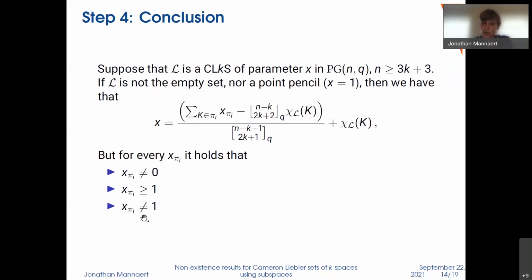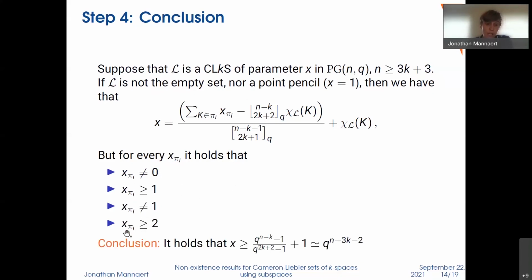xpi cannot be 1 due to the fact that we have excluded the point pencil, so L could not be a point pencil. xpi is bigger or equal to 2 due to that theorem again. And if we fill in xpi bigger or equal to 2, then we get this upper bound, which is in fact roughly of size q to the n minus 3k minus 2, which is kind of pessimistic, but it's vaguely the same.